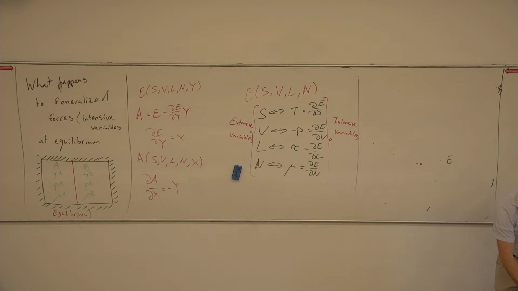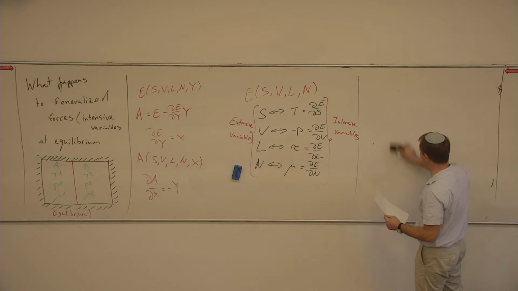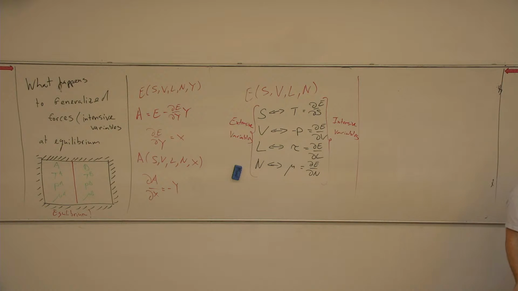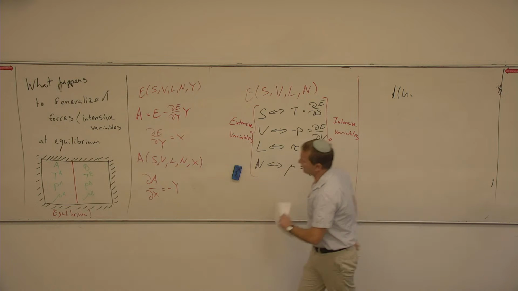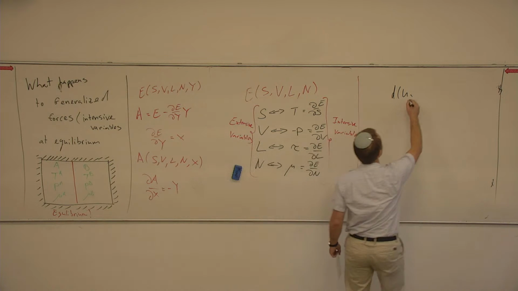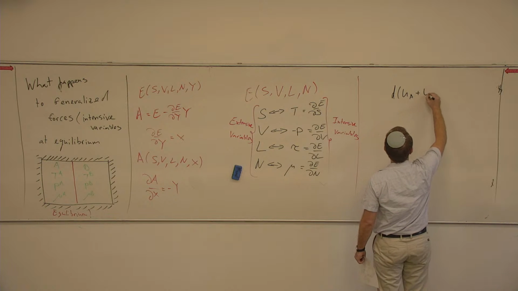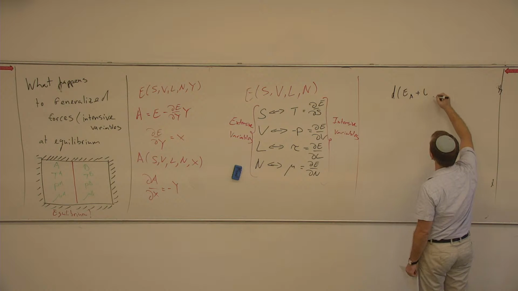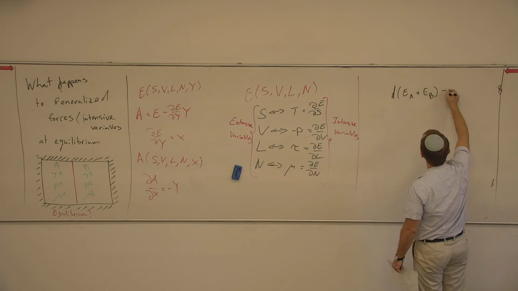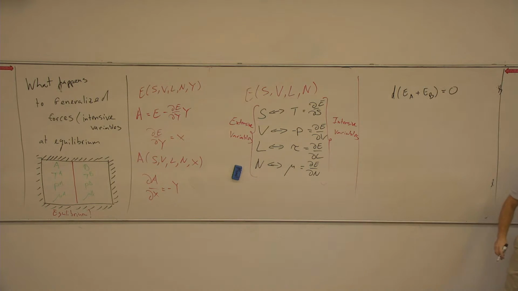I already showed you this trick. We use the property that the energy is at its minimum. So dE_A plus dE_B is going to be equal to 0, because the system is in equilibrium.